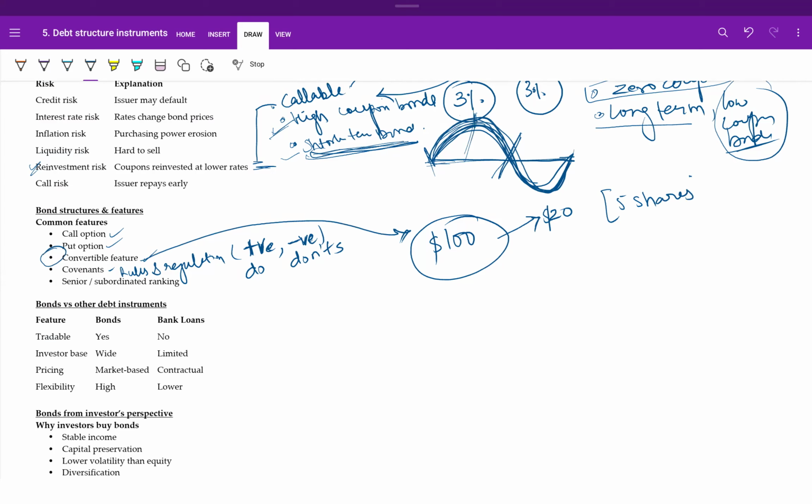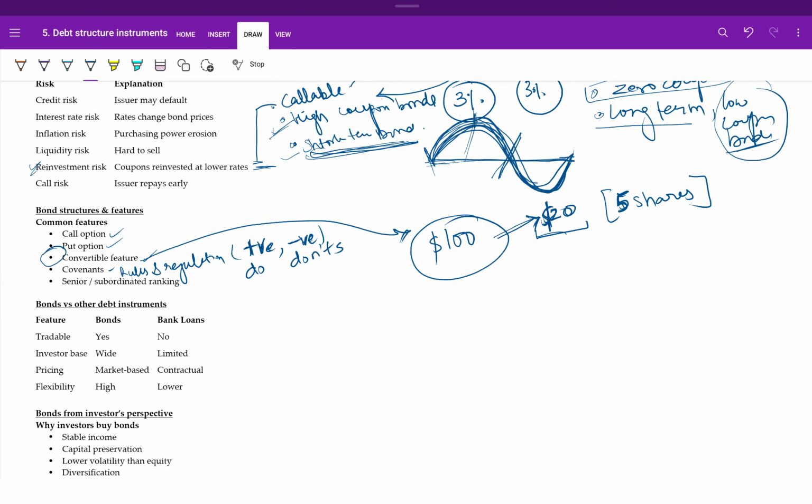Until your bond satisfies that condition, you cannot convert it into those 5 shares of equity.